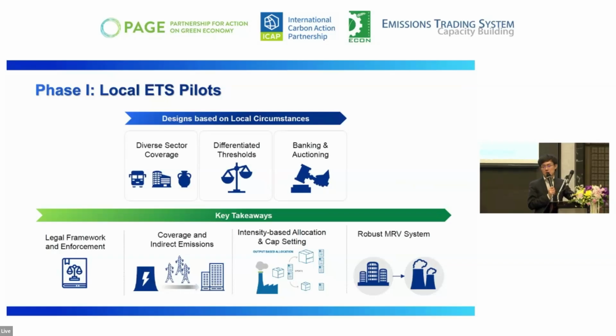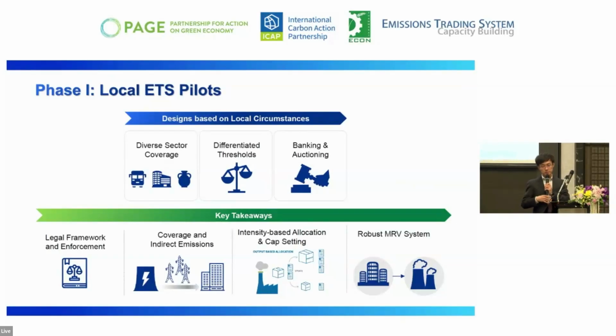So this is also one of the reasons that Hubei narrowed down or reduced their threshold, for including more sectors. But the other pilot ETS also built up a lot of experience for China National ETS to learn from or to consider.